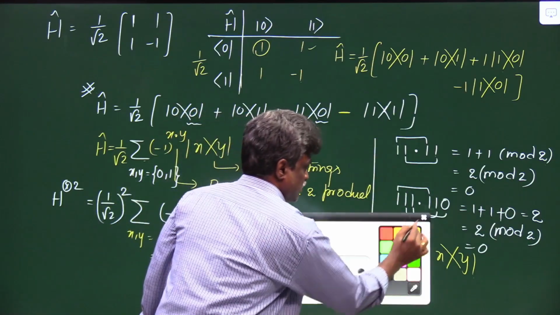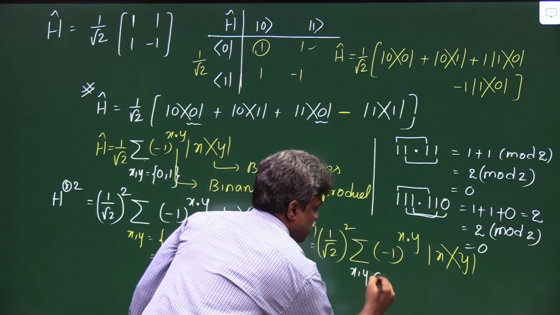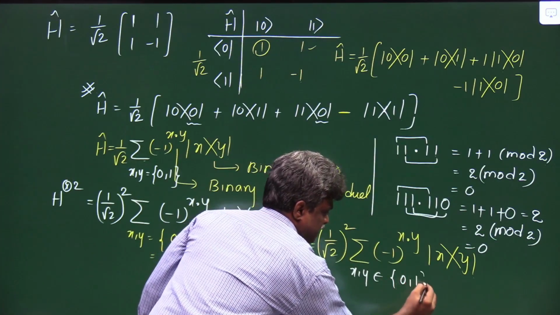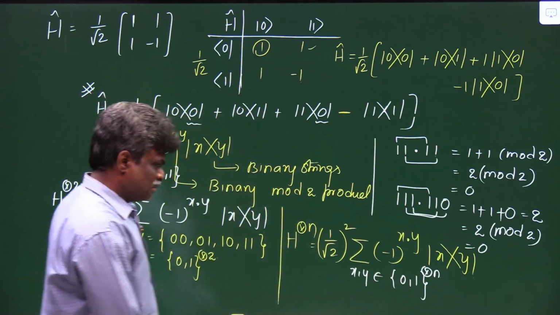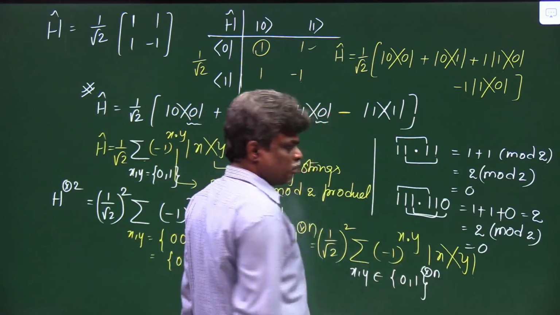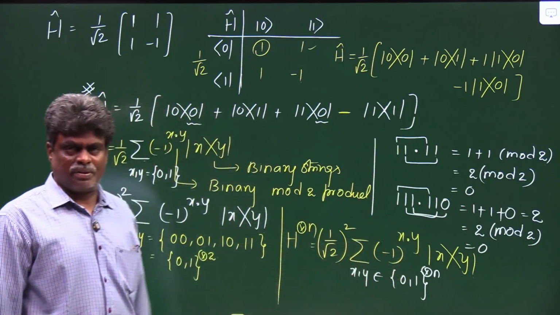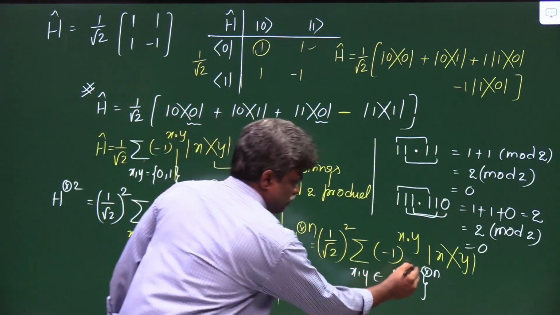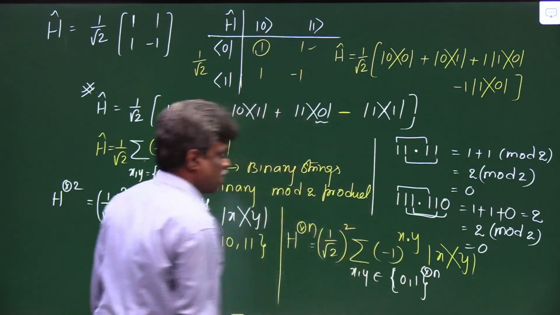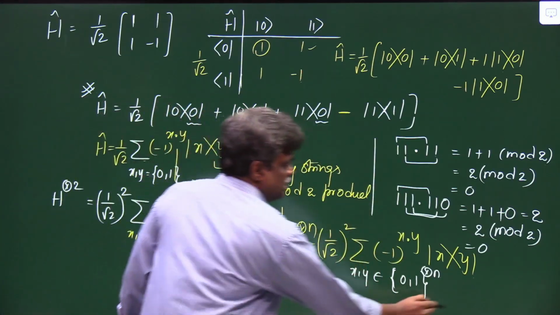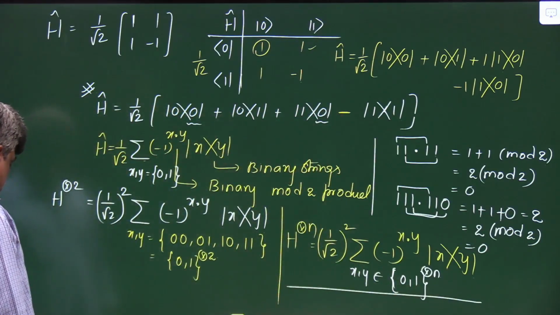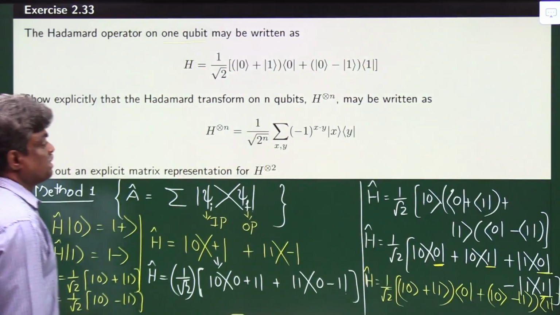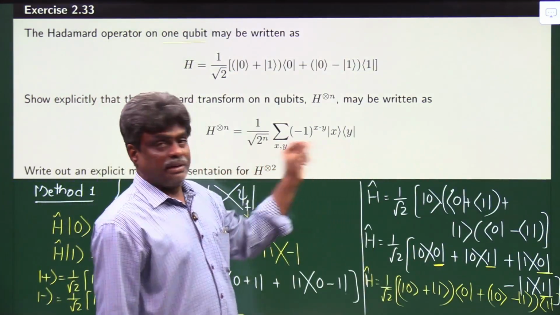But this time x comma y belongs to 0 comma 1 whole power n, or tensor n, whatever it is. I think some people follow that whole power n also. So that's it. This is the more general representation of the Hadamard operation on n qubits. So this is what they are asking.